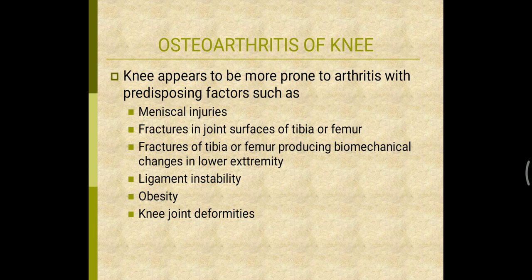In short, due to obesity or another, as we know, knee joint is more prone to weight bearing compared to all joints of our body. So there are more chances to get injury in the knee joint. So it will always be more prone to get osteoarthritis due to also these predisposing factors.